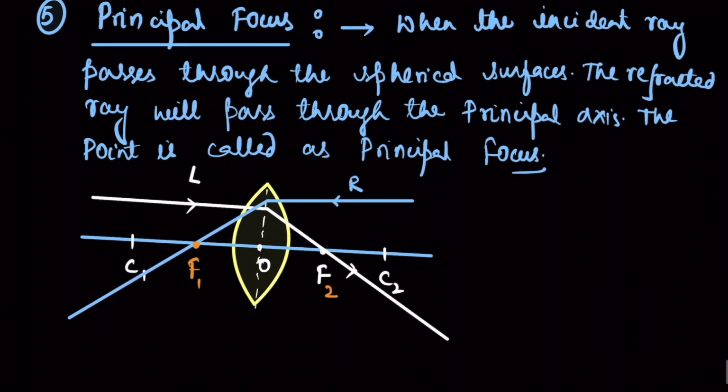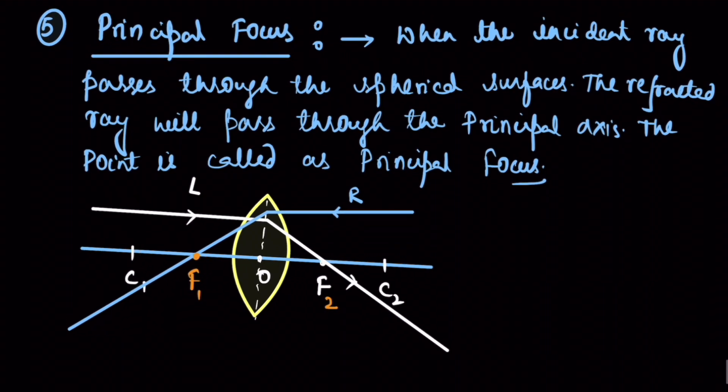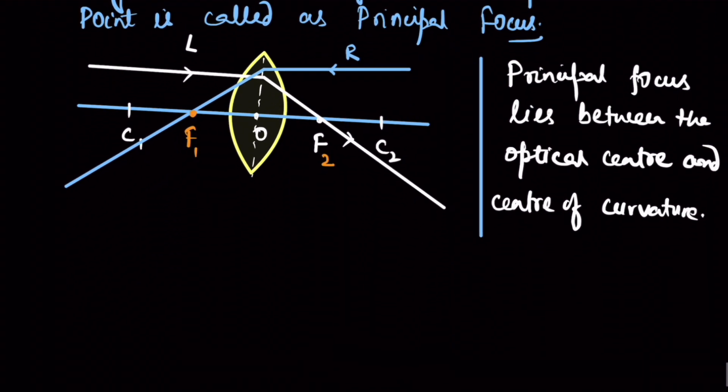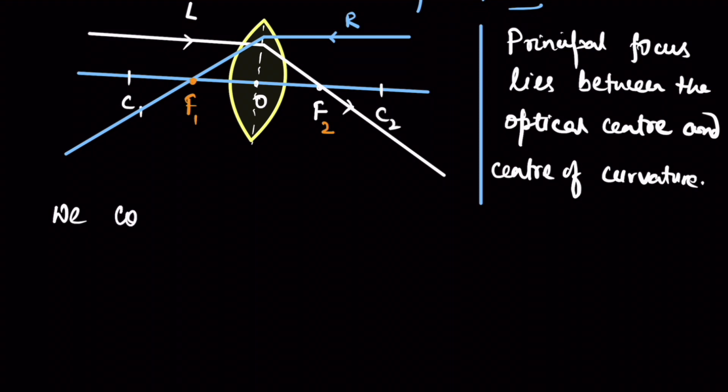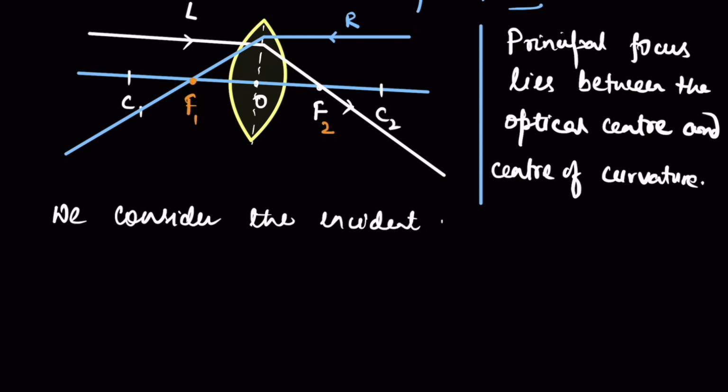So this principal focus lies between the optical center and the radius of curvature. So here one thing we can note down. We consider the incident ray on the left side.